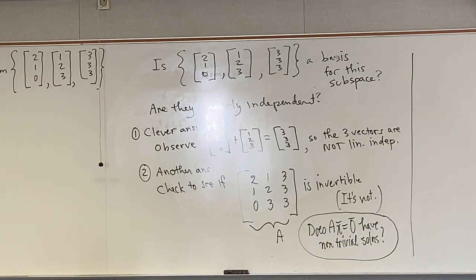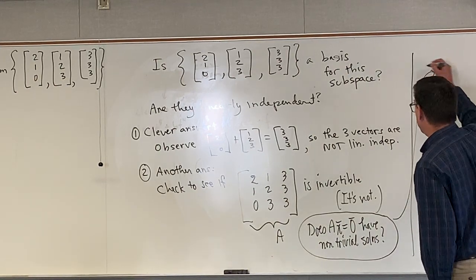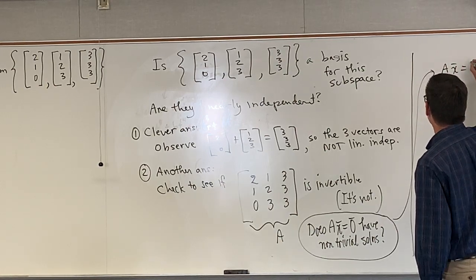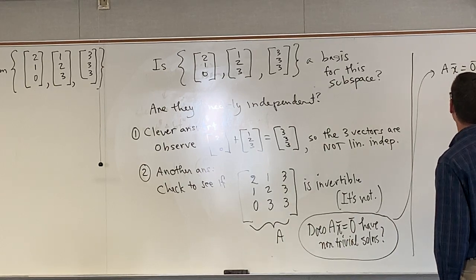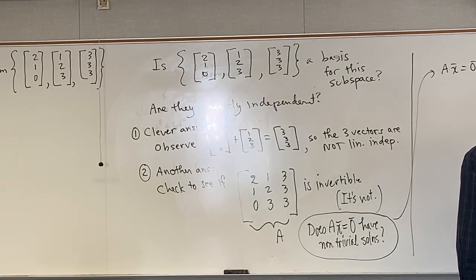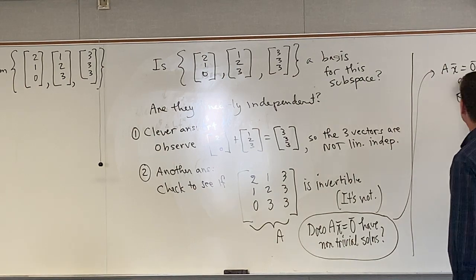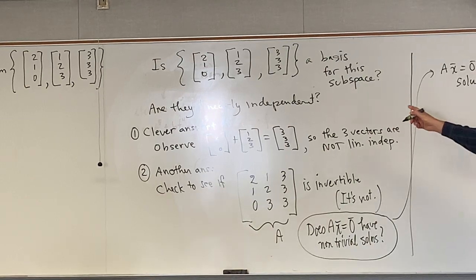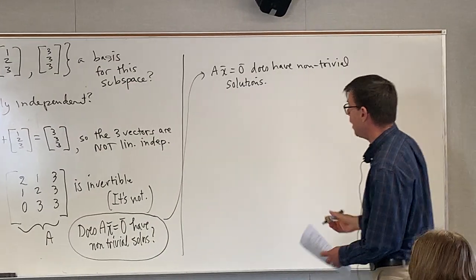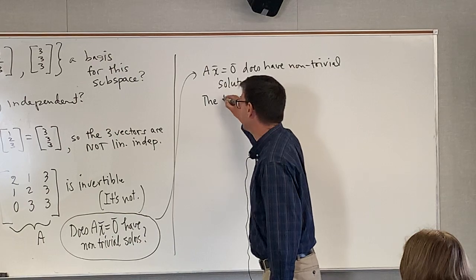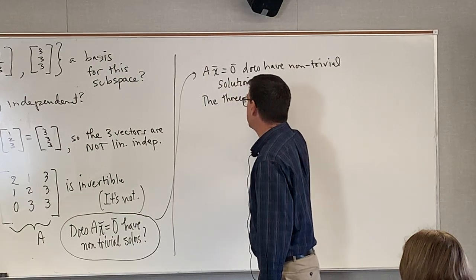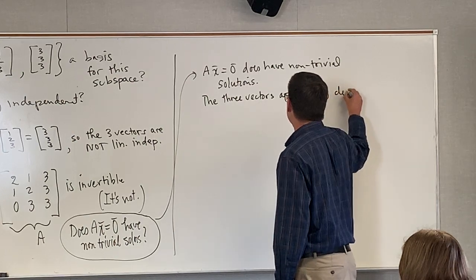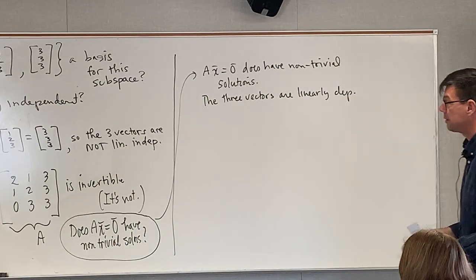And again, the answer is, I'm not going to go through those steps. Ax equals 0 does have non-trivial solutions. So again, the three vectors are linearly dependent, and they do not form a basis.